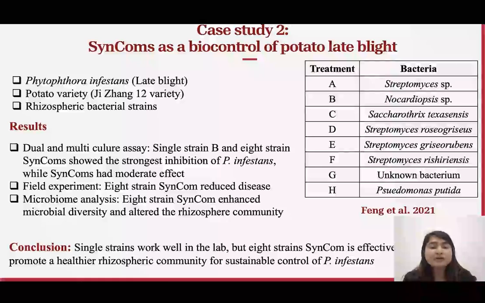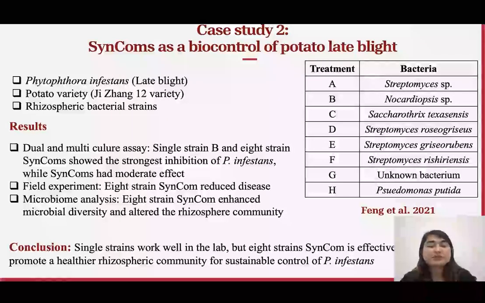In their in vitro screening with the dual culture assay, the single strain B and the 8-strain SynCom showed the strongest inhibition of Phytophthora, while the 2-strain combination had a moderate effect.